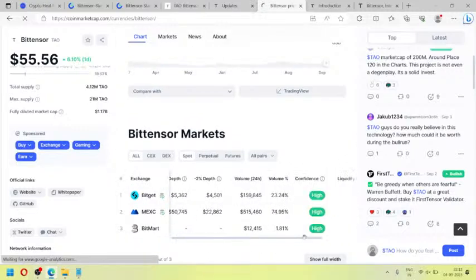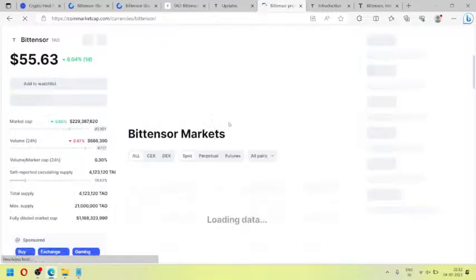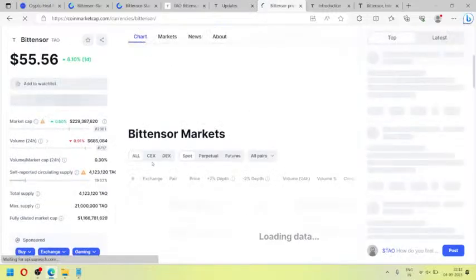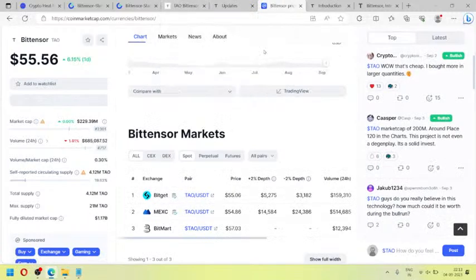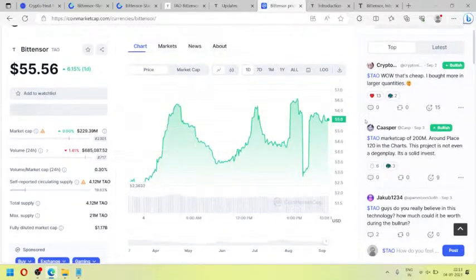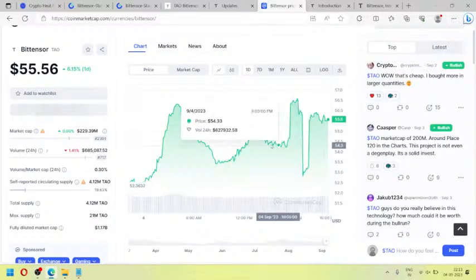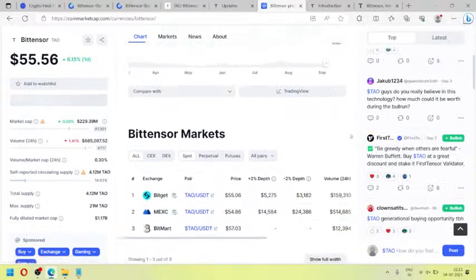And in Gate.io we can see an Airdrop. If you want to get a free Airdrop of Bittensor, you can create an account on Gate.io, log in, complete your KYC, and add some USDT.